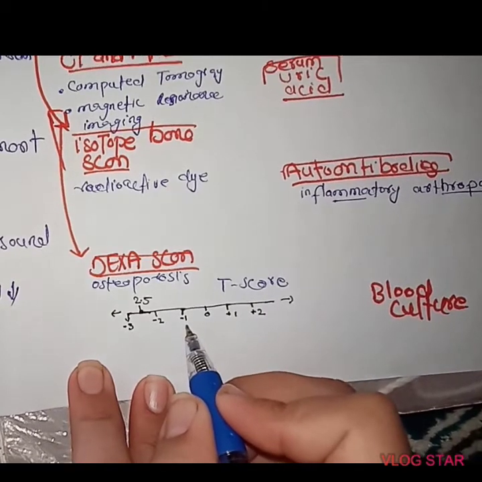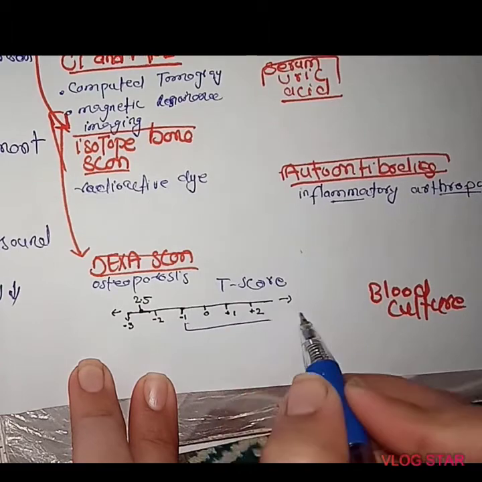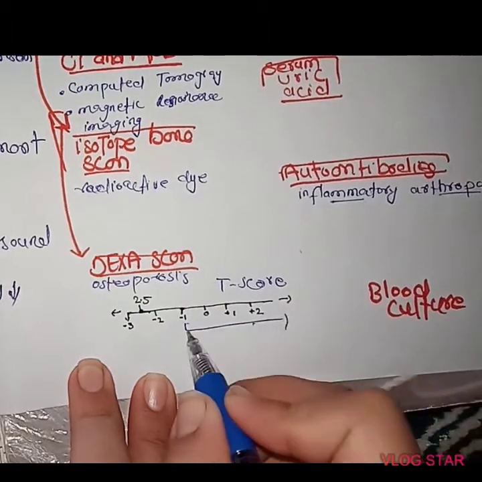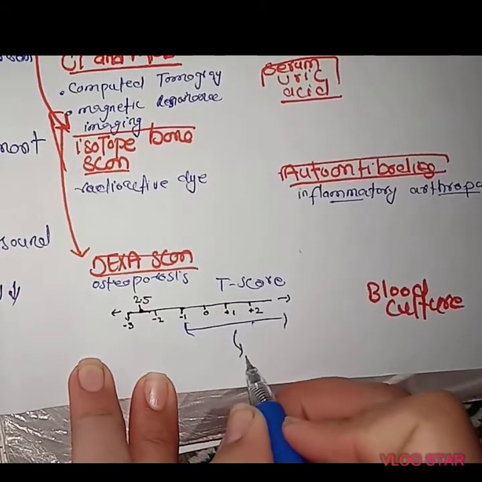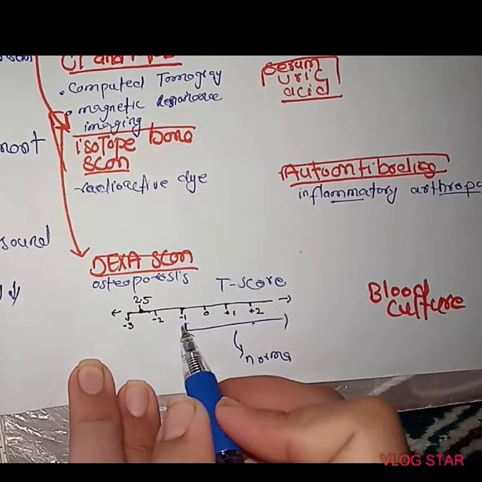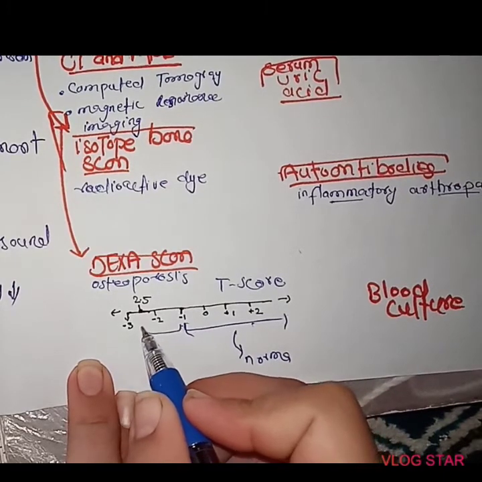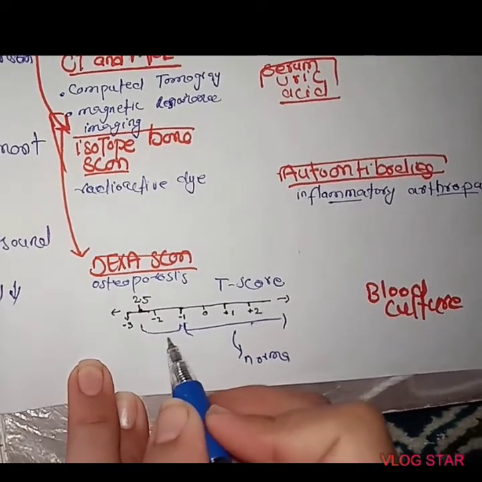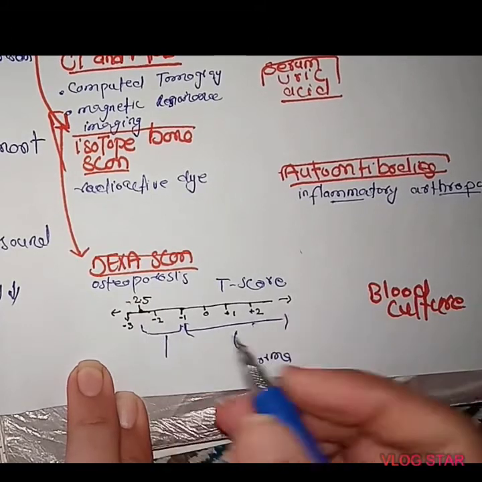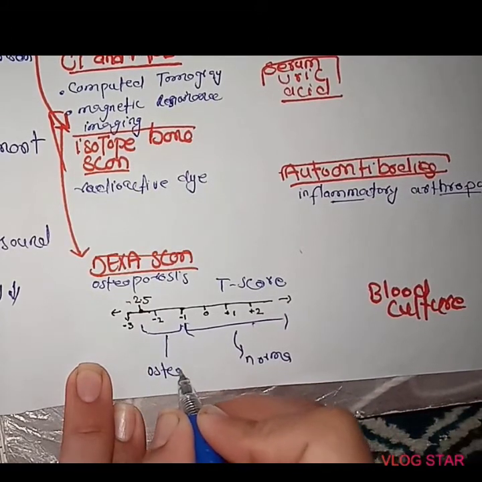When the bone mineral density lies in this area, it is called a normal bone mineral density. When the bone mineral density lies between -1 and -2.5, it means that the patient has osteopenia.